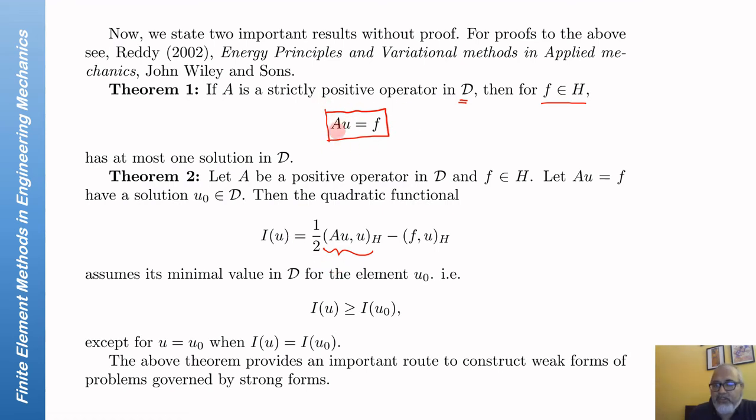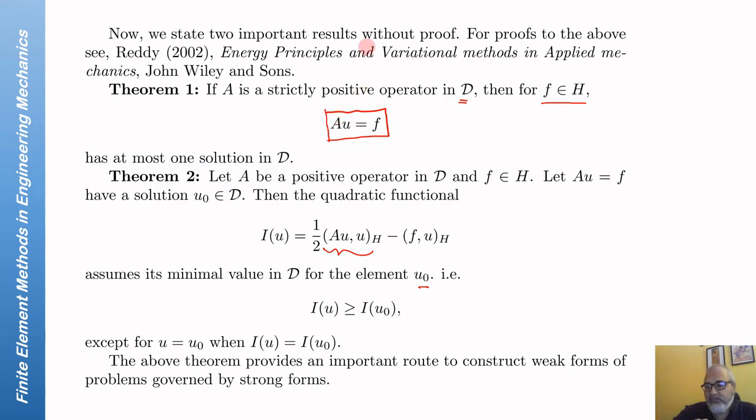Remember, if u equal to u naught is the solution, then that's a unique solution. And in that case, this would be the functional that you have to minimize in order to get this u naught. In other words, u naught will be the function that will minimize this functional in case A is a positive operator.